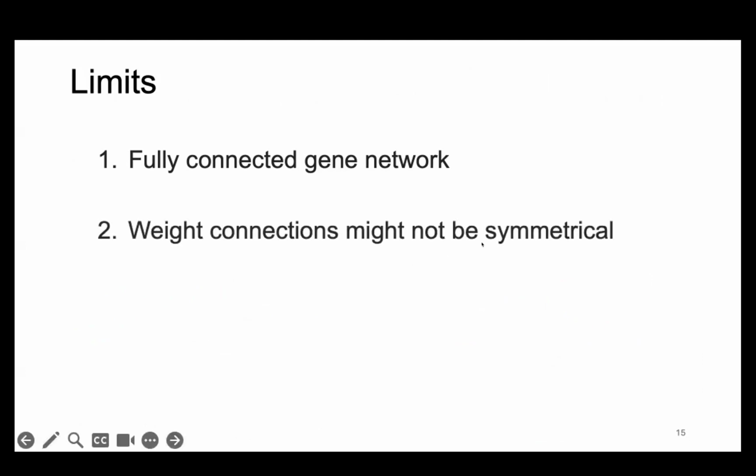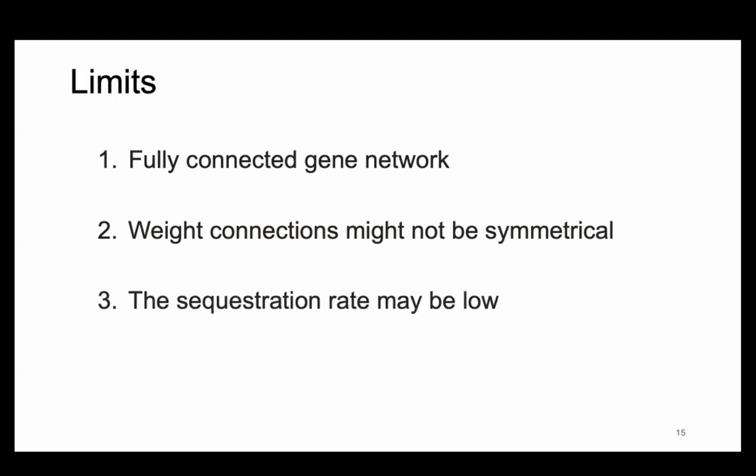A second one is that the weight connections might not be symmetrical because, of course, the kinetic rates of different transcription factors and sequestration might be different, and this will also affect the solution of the Hopfield network. And finally, what we want to prove is if the sequestration rate is not infinity, can we still have the nice properties of Hopfield networks?